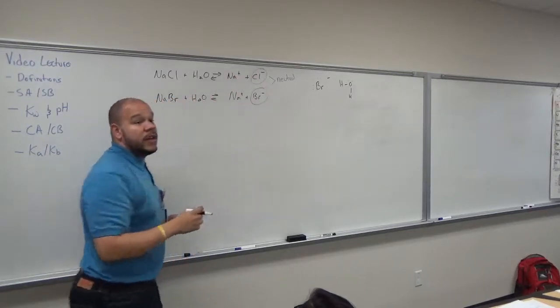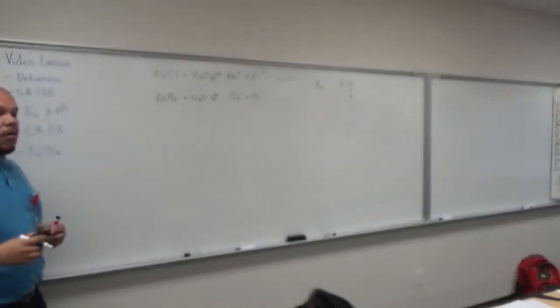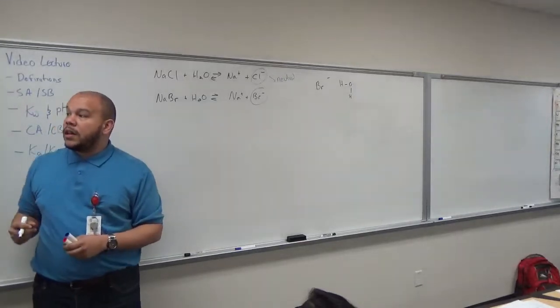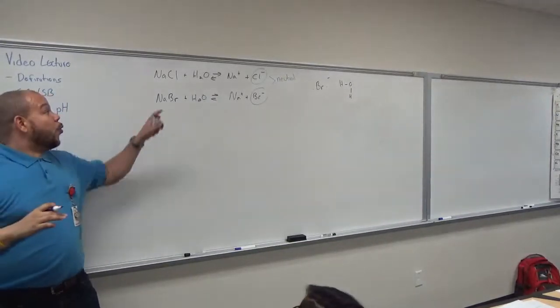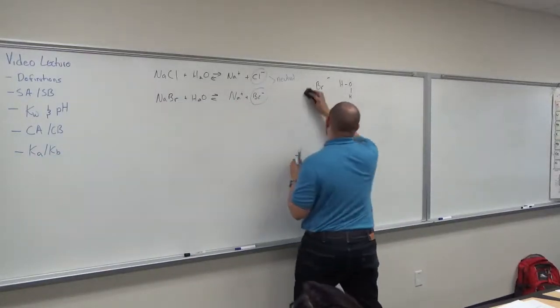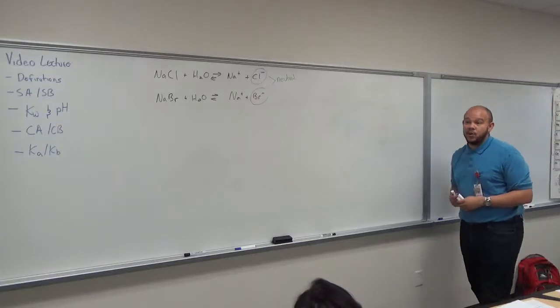And we already know that the chloride and the bromide are neutral, right? But what about sodium? We'll have to talk about sodium when we get into cations. Now, if we know those anions are neutral, let's talk about the anions that are not neutral.